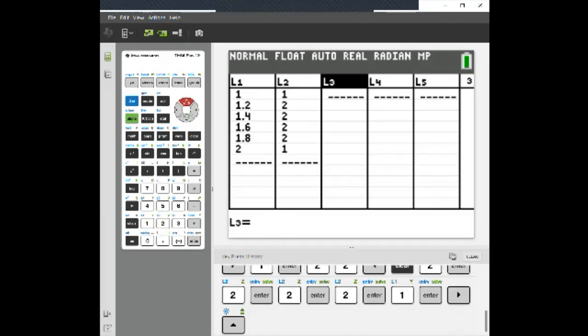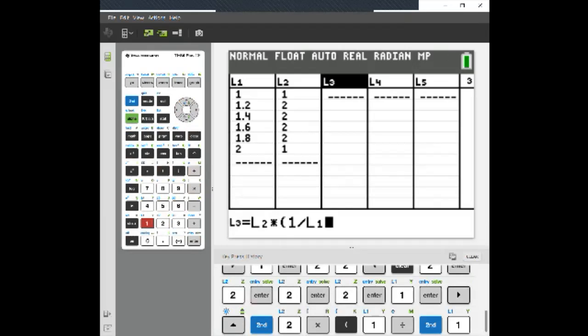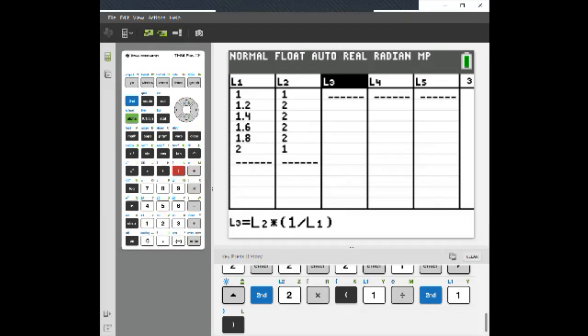And then in my third list, I'm going to take my L2 value times my function. My function was 1 over x. In this case, my x values are in L1. I could also just do L2 divided by L1. That would work.